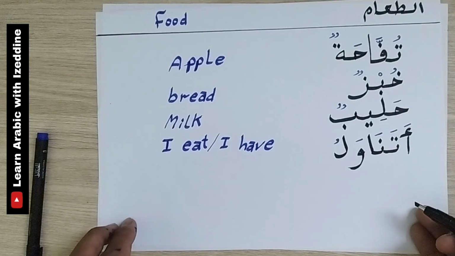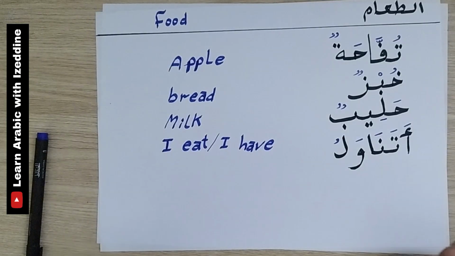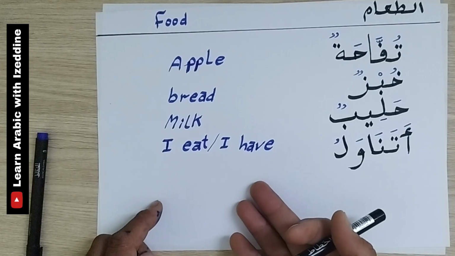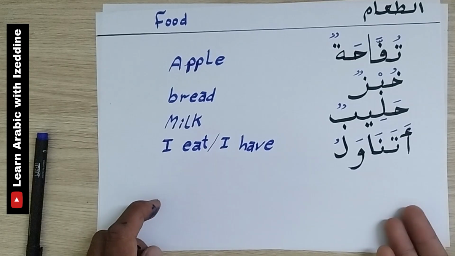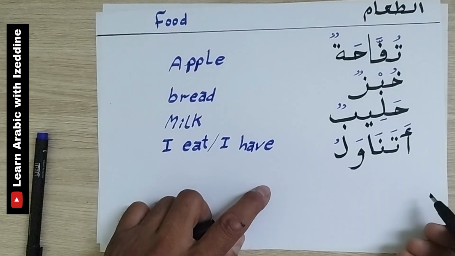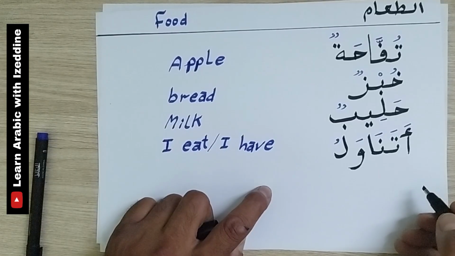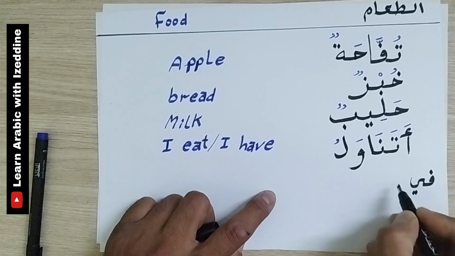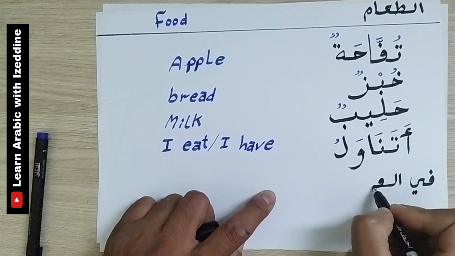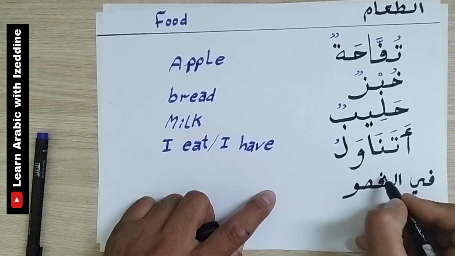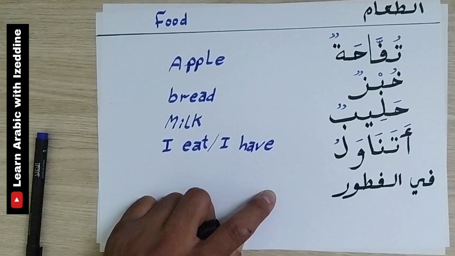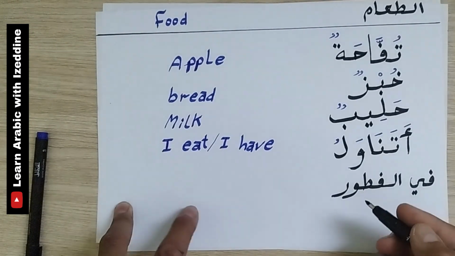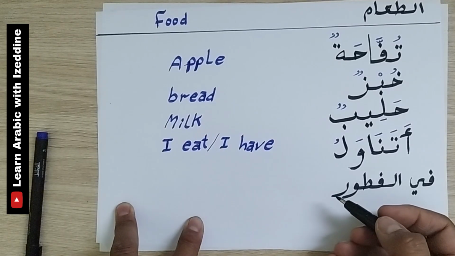So how to say in English, for breakfast, I eat an apple, bread, and drink milk. So we simply say, في الفطور. في الفطور. أتناول.